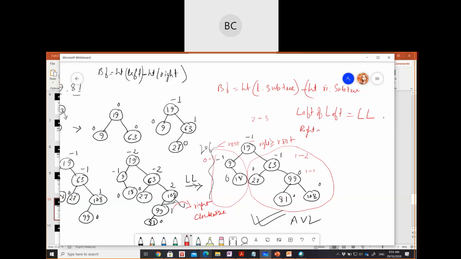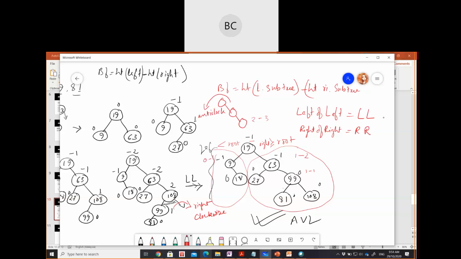Right of right is equal to your RR rotation. Right of right means it will be something like this. In this case, you will perform an anti-clockwise rotation and it is a left rotation.